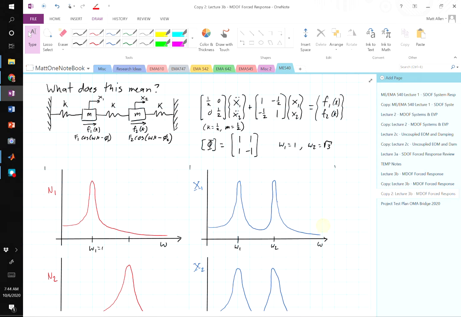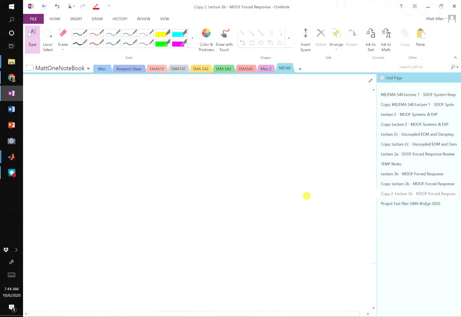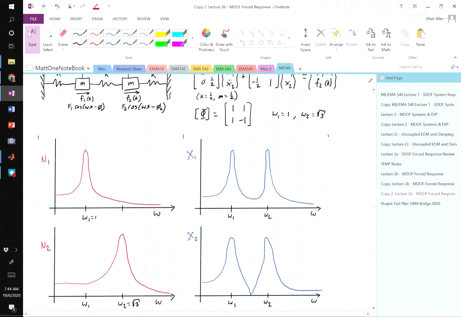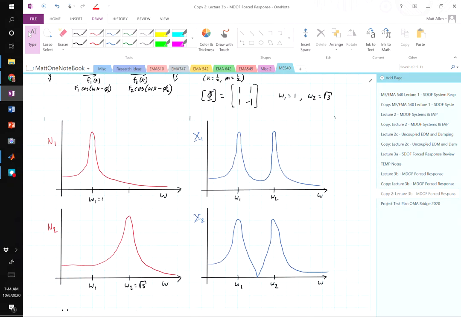In the modal domain, we would see that the response of each modal coordinate, that's what the eta is here, would behave like a 1-degree of freedom system. It would have a peak near the natural frequency of that particular mode. And again, it would just be 1 degree of freedom. That's the only peak at all.